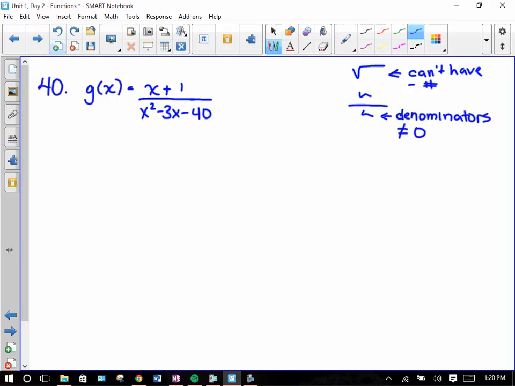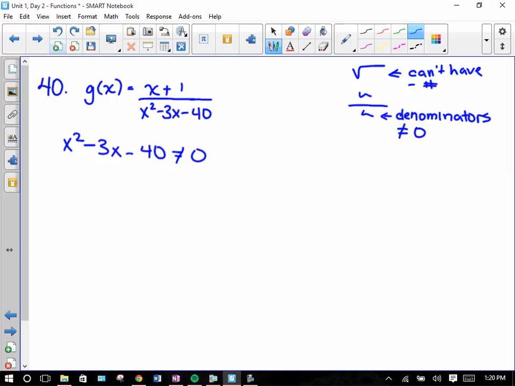Okay? So since now we have x plus 1 divided by x squared minus 3x minus 40, which part of this is our denominator? Bottom. Alright, denominator is on the bottom. So what that tells us is x squared minus 3x minus 40 can't equal 0.